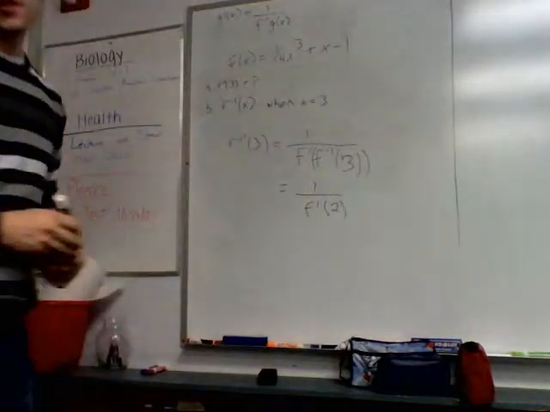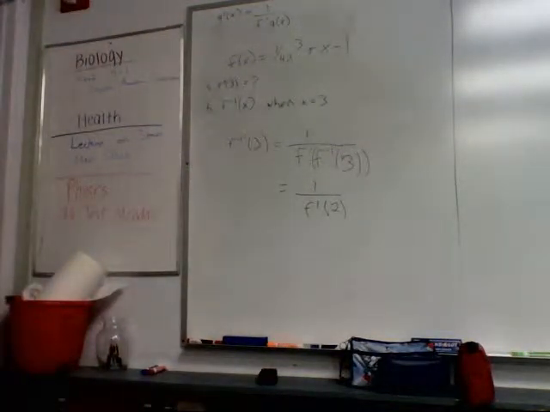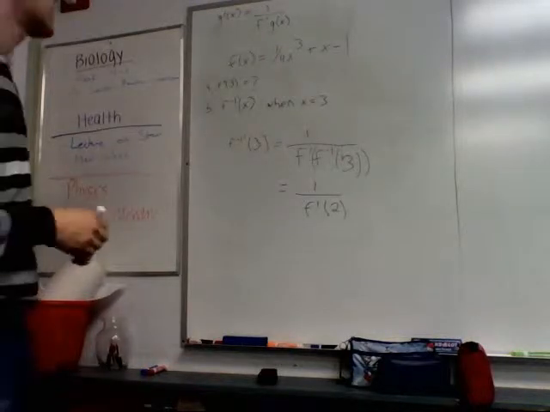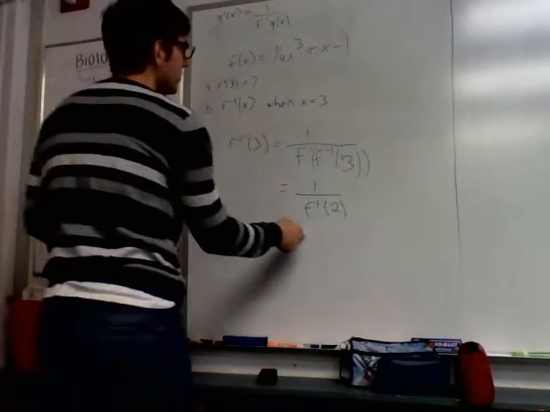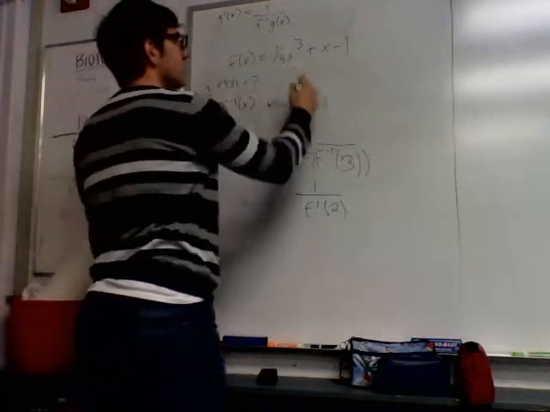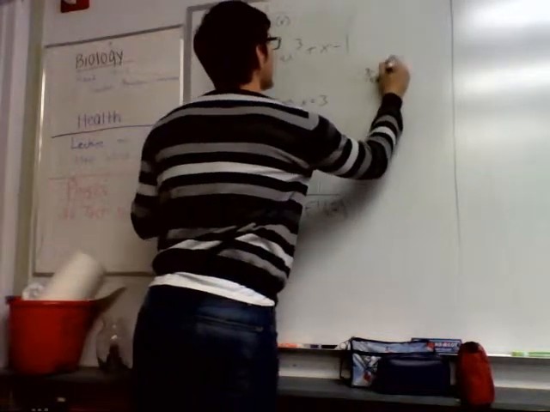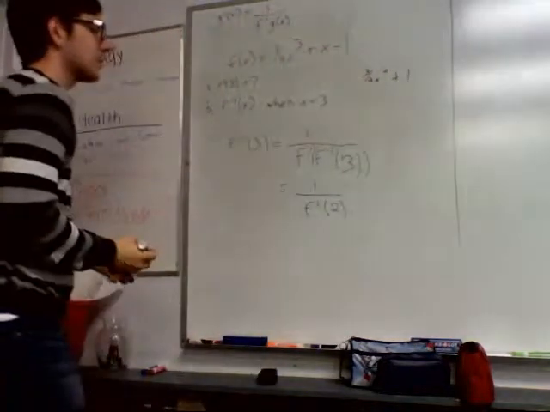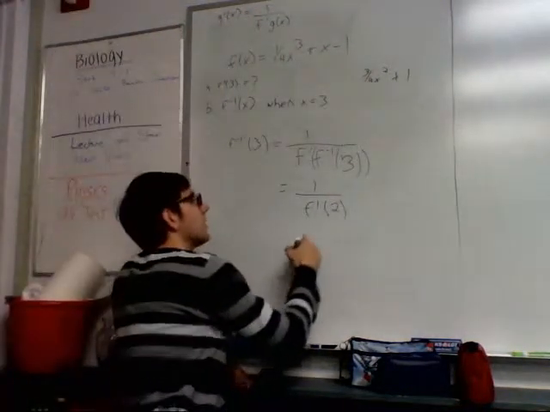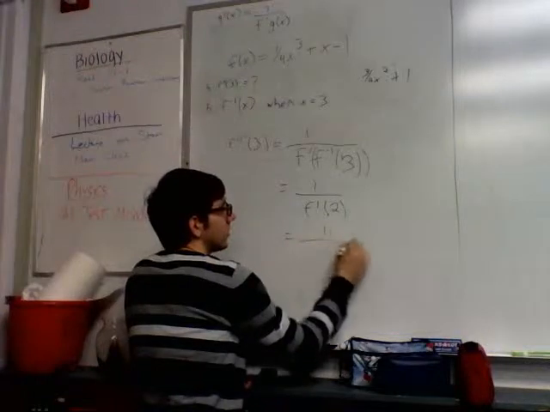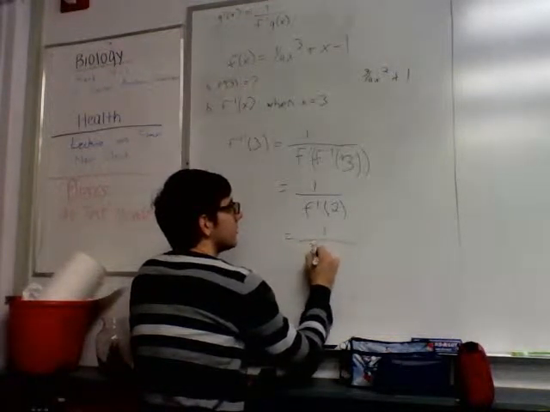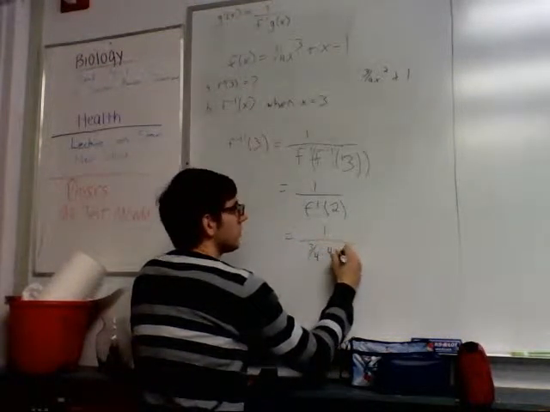Okay, so it kind of follows that same logic as before. So all we have to do is do 1 over the derivative. So we know the derivative to be 3 over 4 x squared plus 1, okay? So now we just plug that in for 2. 1 over 3/4 times 4 plus 1.